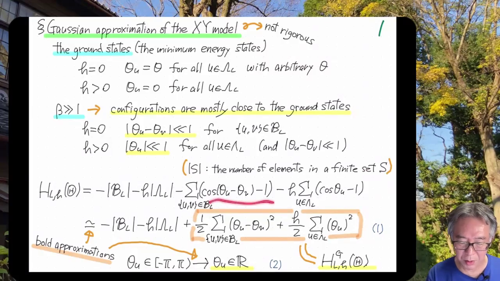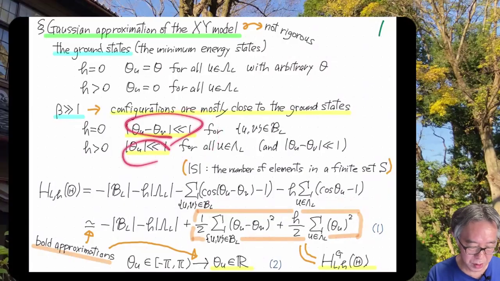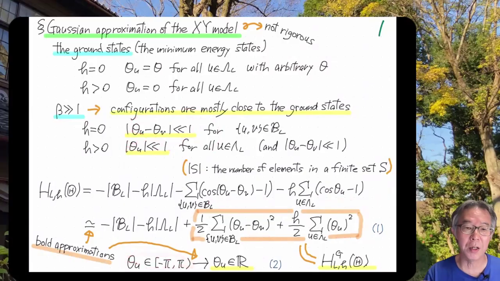Then I think you can guess what we are going to do. We simply Taylor expand this cosine and just keep the leading term to write this very approximate Hamiltonian. And since we only care about theta which satisfies this or this, the original range of theta is between minus pi and pi, but we simply replace this by just the real numbers, R itself.